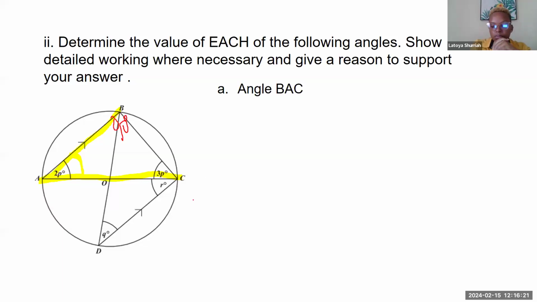So we can say that 90 degrees plus 2p plus 3p equals 180 degrees. Why 180? Because a triangle measures 180 degrees. The triangle measures 180? What part of the triangle measures 180 degrees?